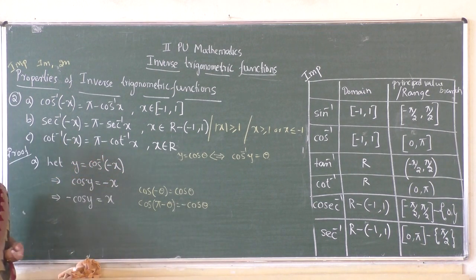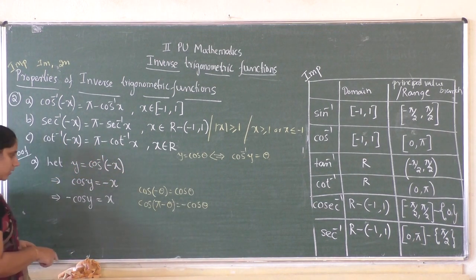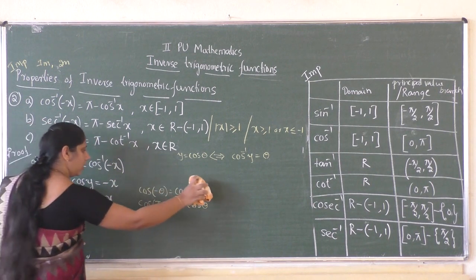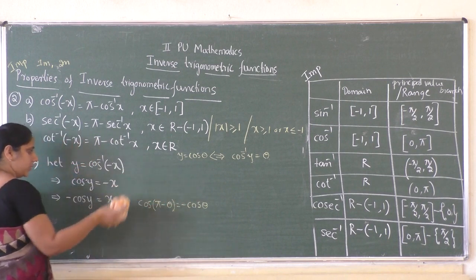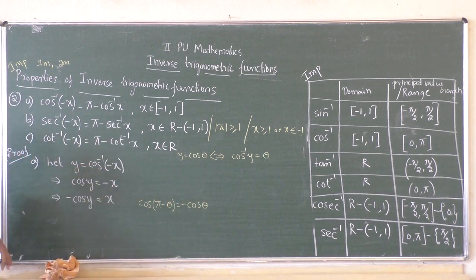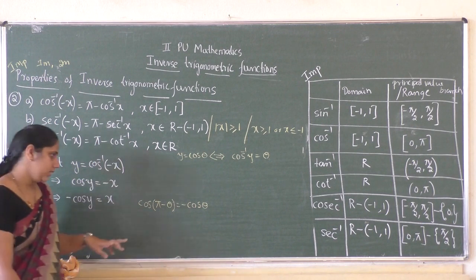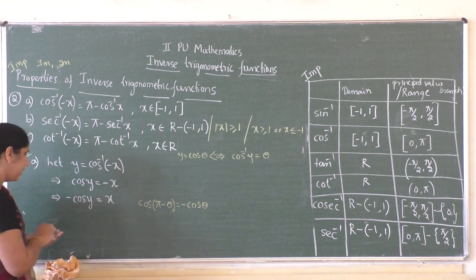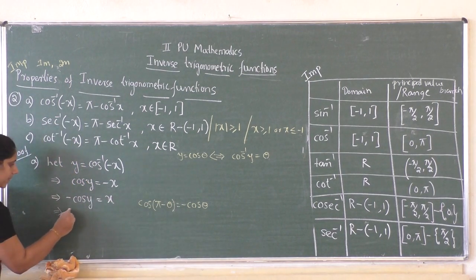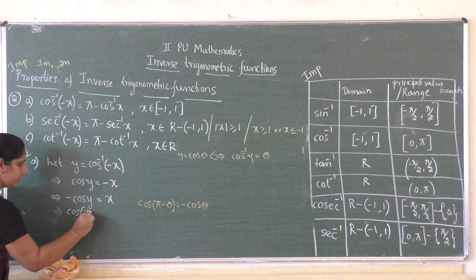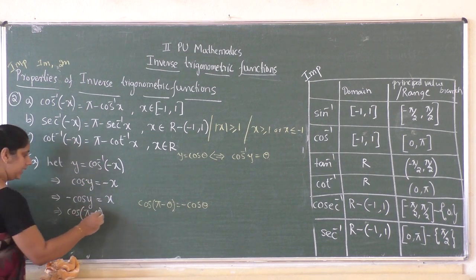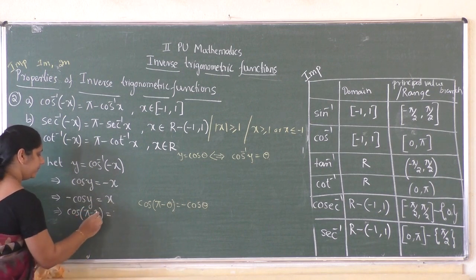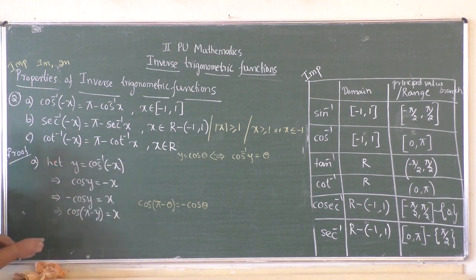For this particular problem the first property is not useful, so we have to use the second, that is cos of pi minus theta is minus cos theta. So in the place of minus cos y, we can write cos of pi minus y equal to x.